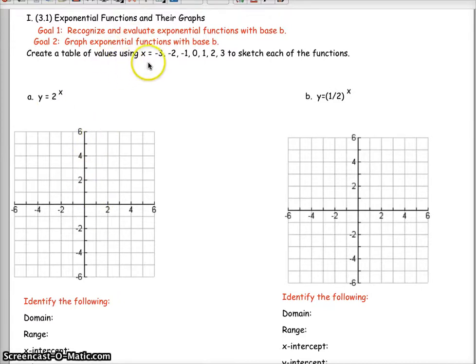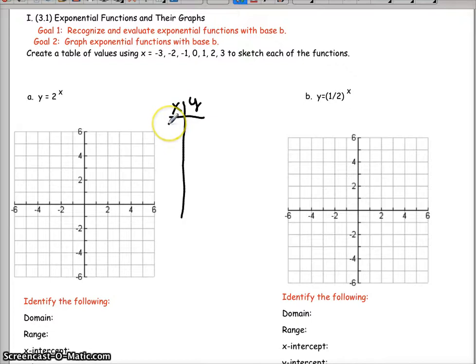So let's create a table of values using these x coordinates. So let's evaluate 3, 2, 1, 0, -1, -2, and -3.